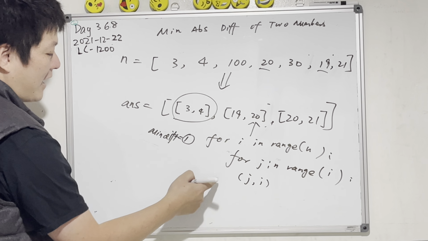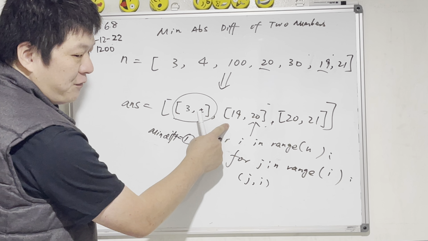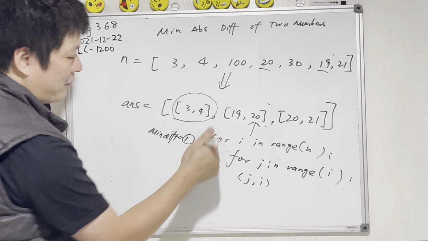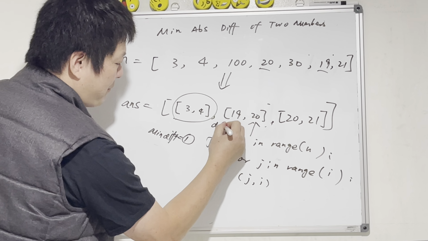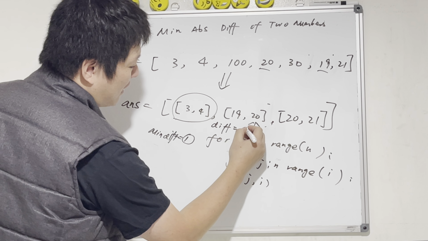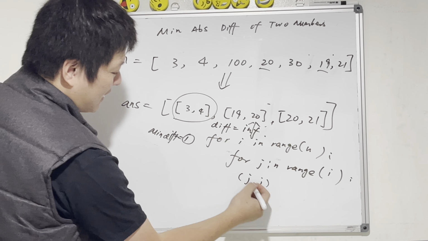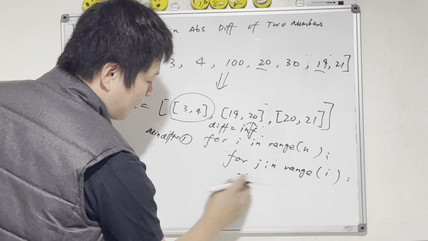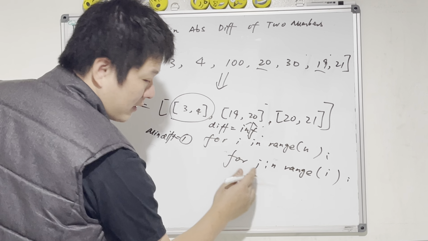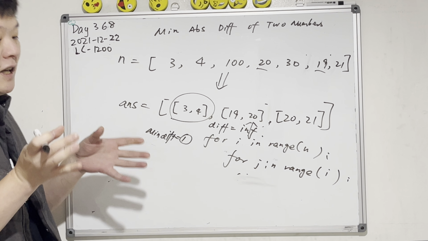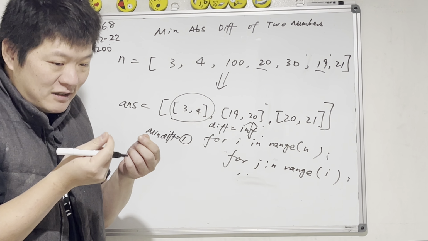First of all, we find the minimum difference. At the beginning, the biggest number we can think of is infinity, math dot infinity. Someone says they can think of a bigger number, infinity plus 1. But infinity is not a concrete number, it's a concept.